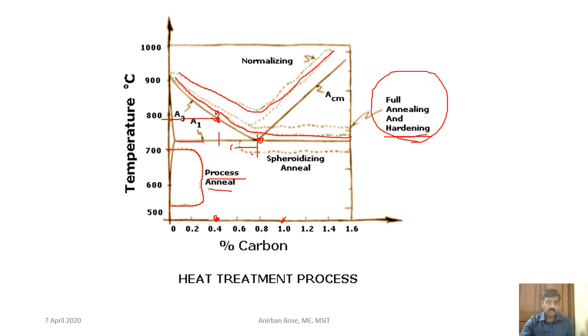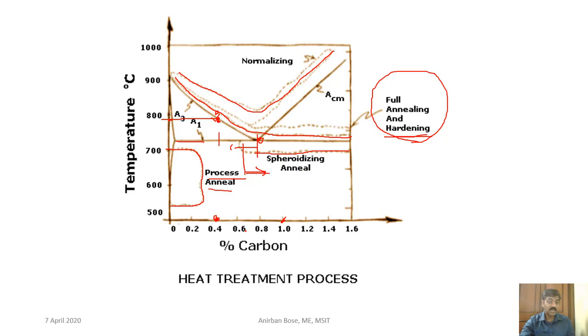And another process is the spheroidizing annealing, and this process is also below the lower critical temperature. But spheroidizing annealing is done for steel having carbon percentage generally higher than 0.6. Here you can see the carbon percentage is 0.6. So if the carbon percentage is less than 0.6, generally spheroidizing annealing is not done.